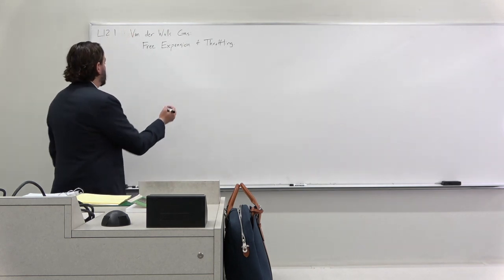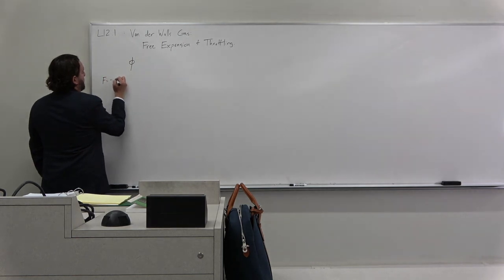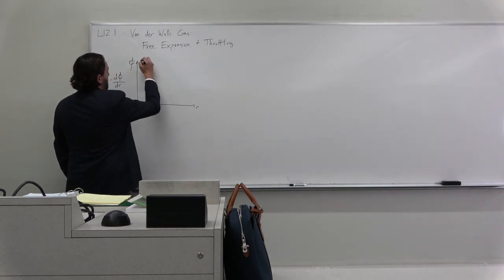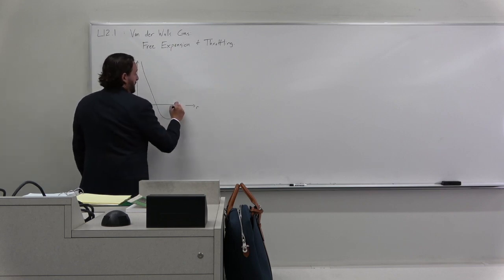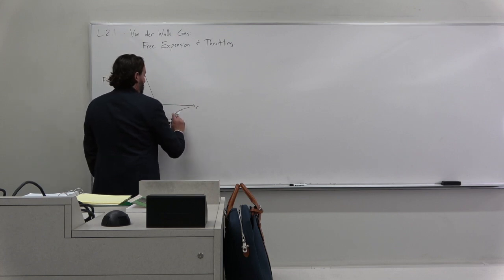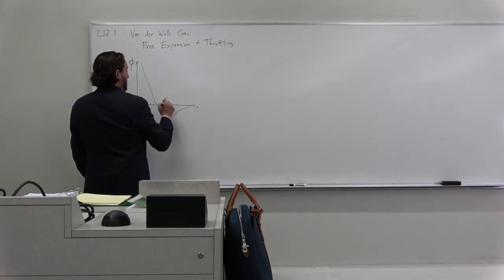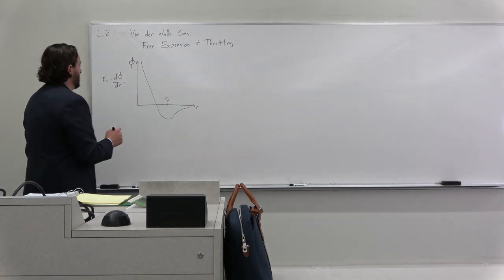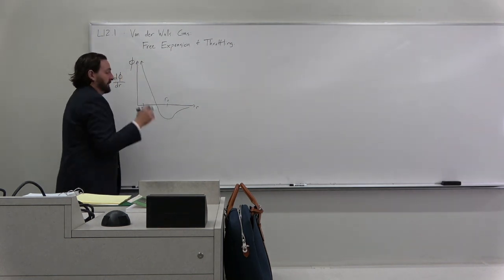So we had looked at our general potential, and we said that the force was going to be minus d phi dr, where the potential versus radius was going to have this Lennard-Jones potential, where there's some preferred distance, which eventually we're going to call R0, but also that there was some sort of finite hard sphere distance where this thing diverged.